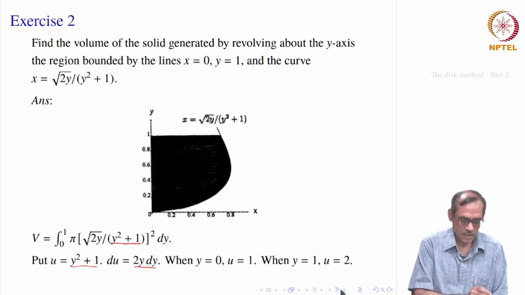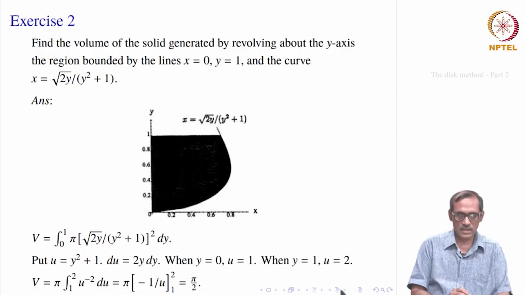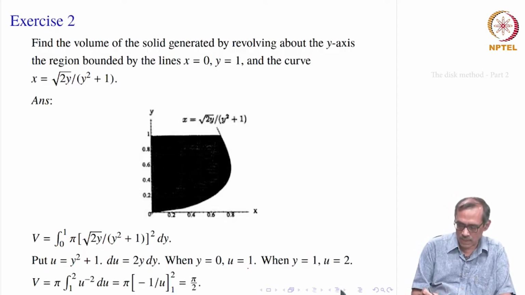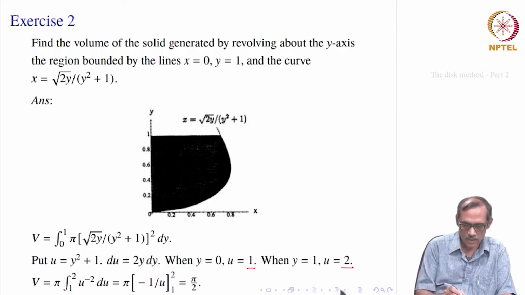That is right. So, we rewrite the integral now, from u equal to 1 to 2. Let us write the integral first, it will be easier to see: pi times 2y divided by y square plus 1 whole square, dy.